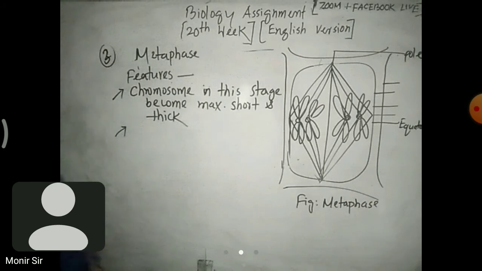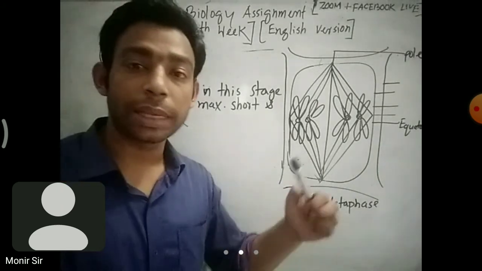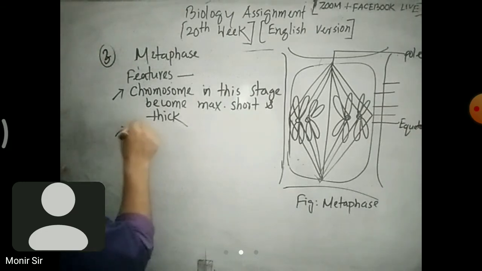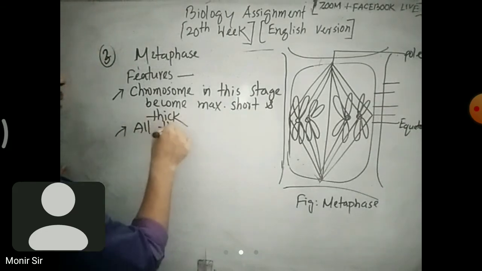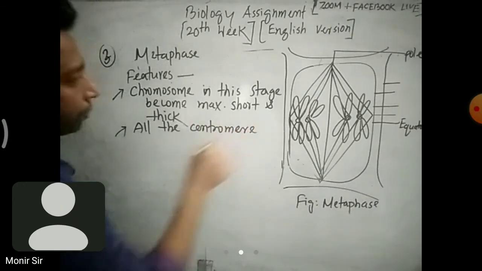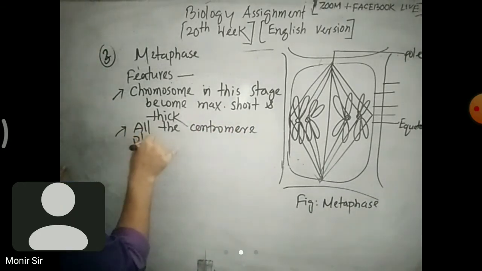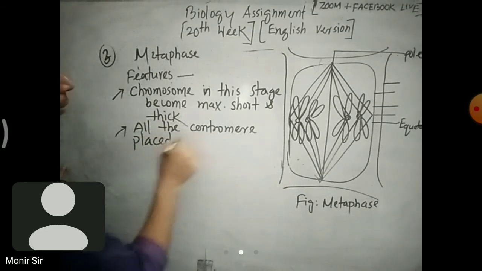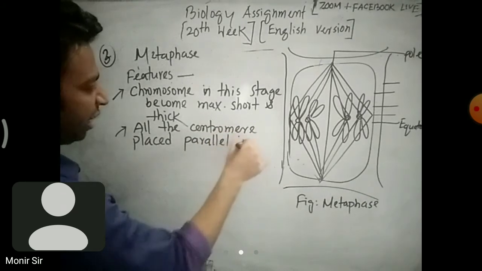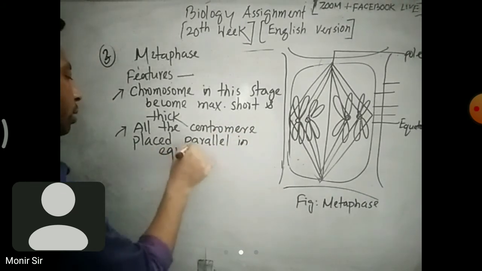You can see in this stage chromosomes become maximum short and thick, and the centromere of the chromosome, all the centromeres, are placed parallel in the equator region.